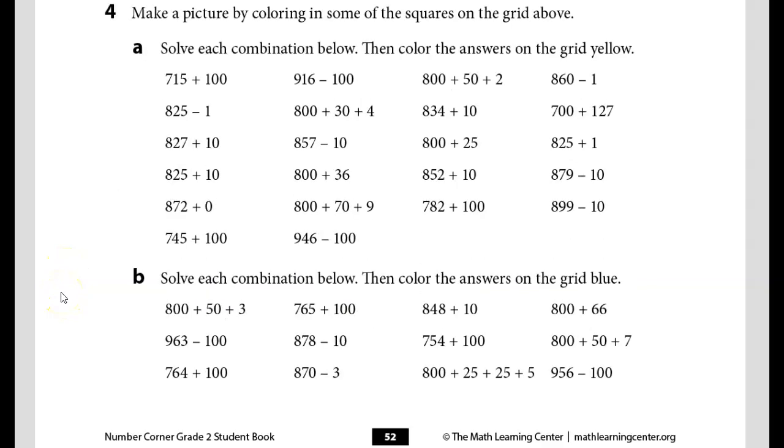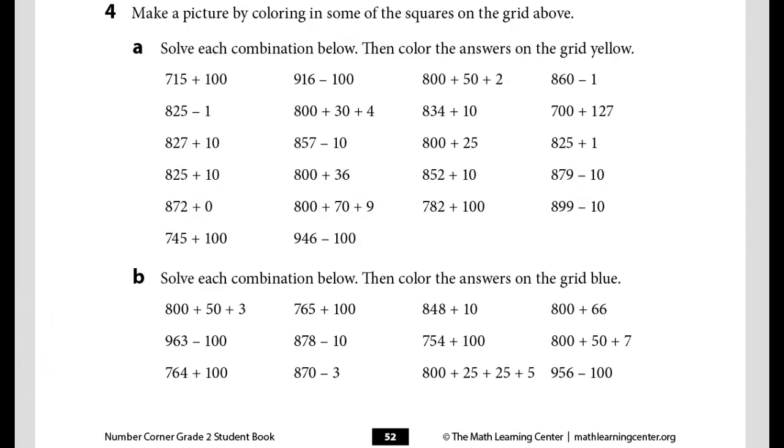For number 4, it's asking you to make a picture in the grid above by coloring in some of the squares on the grid. Letter A is telling you what squares you should color in. It says solve each combination below, then color the answer on the grid yellow.